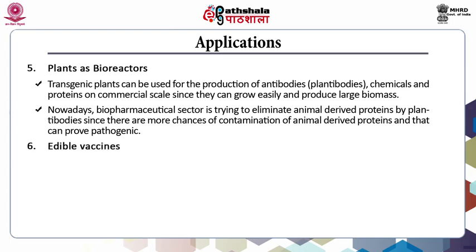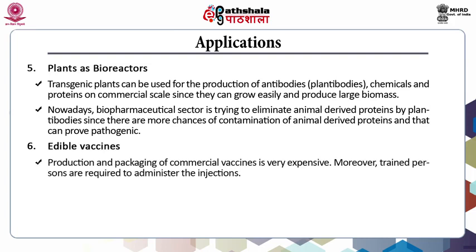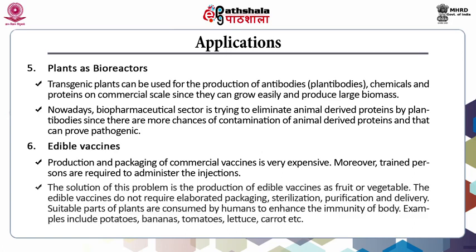Second is edible vaccines. Production and packaging of commercial vaccines is very expensive. Moreover, trained persons are required to administer the injections. The solution to this problem is the production of edible vaccines in fruit or vegetables.